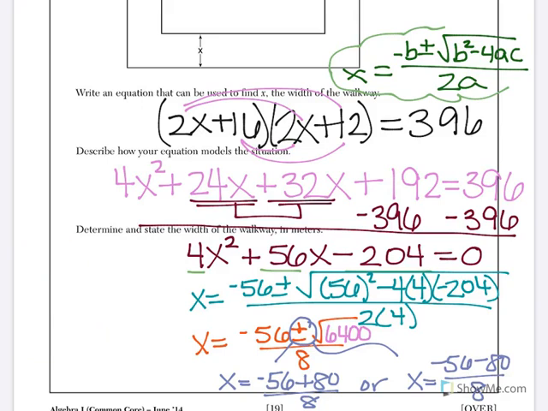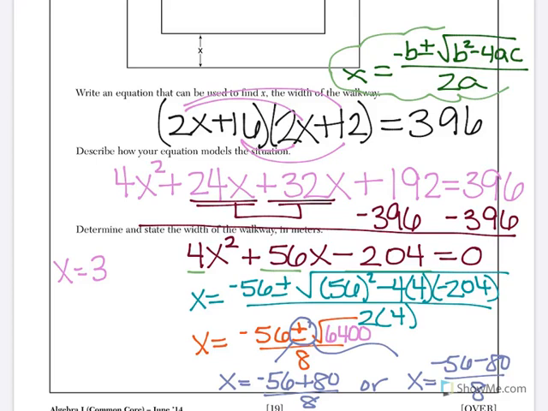Now, when I simplify these two fractions, negative 56 plus 80 is going to give me 24, and 24 divided by 8 is going to give me 3 as an answer. The other answer, negative 56 minus 80, is negative 136.